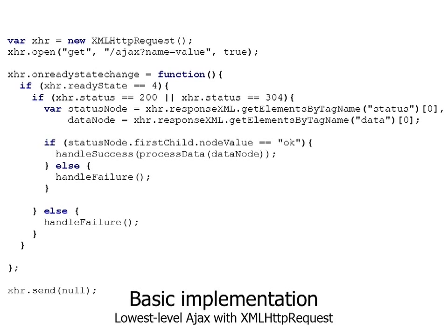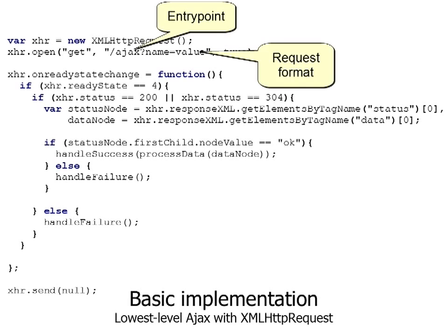There's a lot of stuff that's going on in there. And you see all of the aspects of AJAX communication are in there. Right? So there's the entry point, /AJAX, the request format right after it, and then the response format. So it actually has to parse the XML to get the data that it wants out, right?